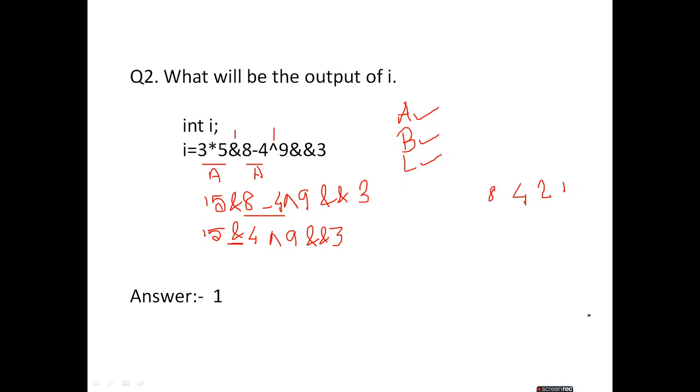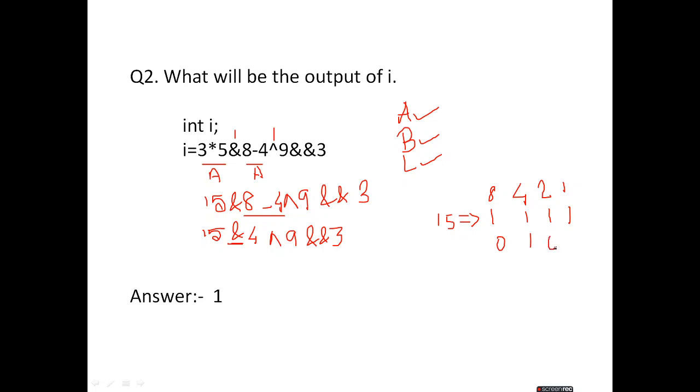So 15 is 1, 1, 1 and 1. We had written this for 15. Now we see 4, because we need to perform the bitwise and operation between 15 and 4. So 4 is this one.